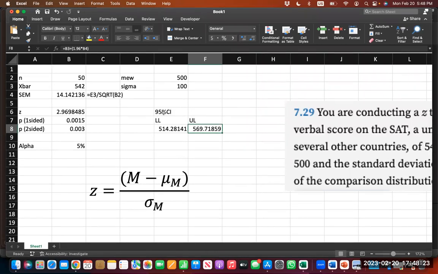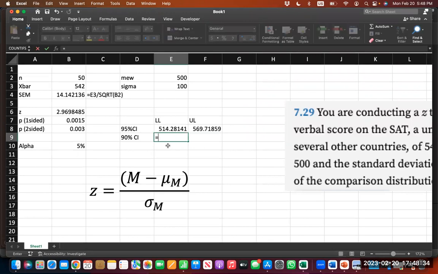You can also make this a 90% CI. The 95 and the 90% CI would be: the lower bound is the mean minus 1.65 multiplied by the standard error of the mean.